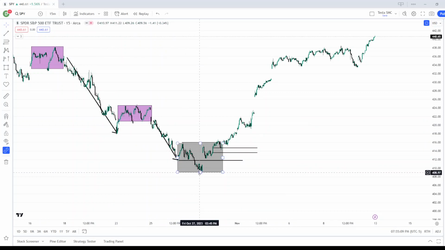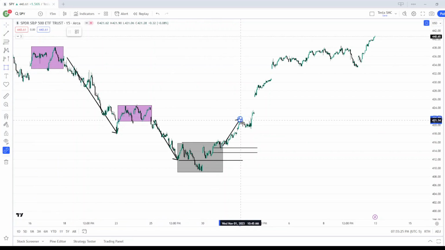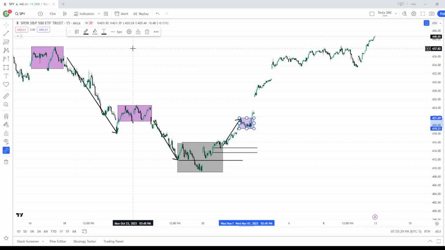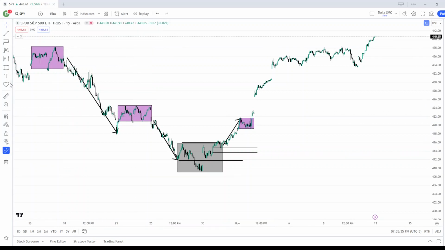So we had consolidation, distribution, final leg of distribution, consolidated, swiped the low, changed character into fair value gap. We get our first leg of distribution to the upside, we get our consolidation, we get our next leg of distribution.